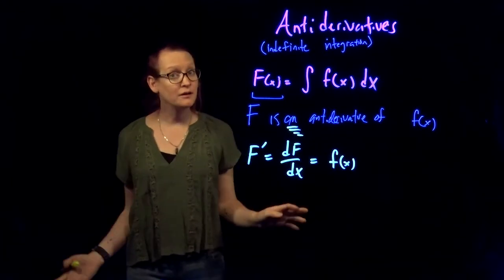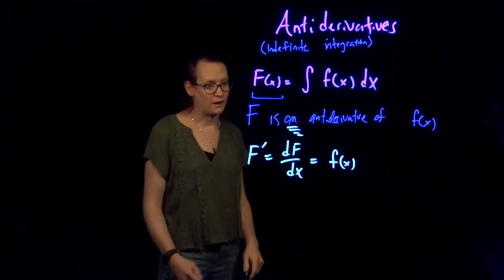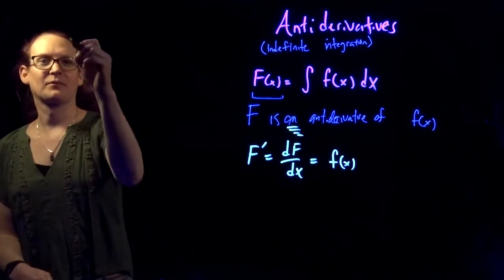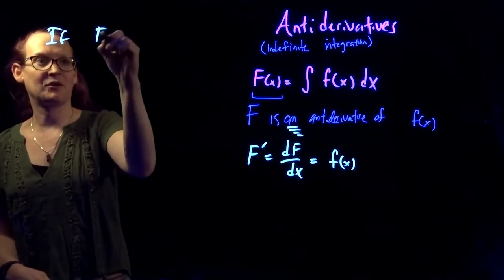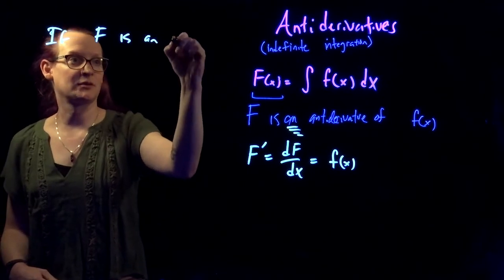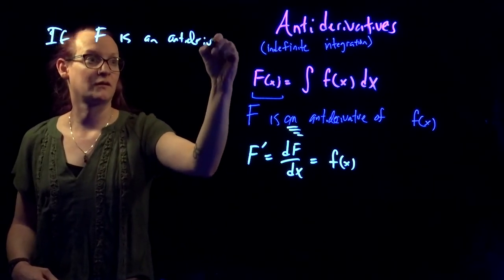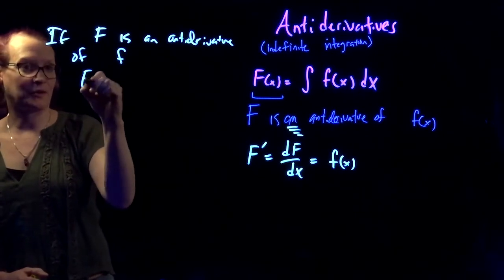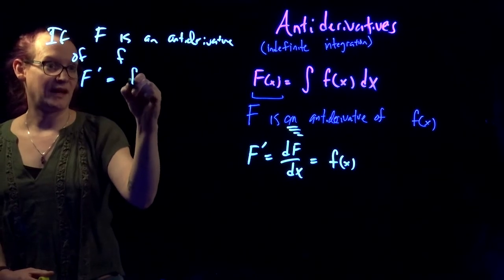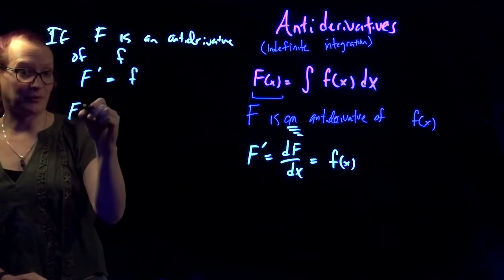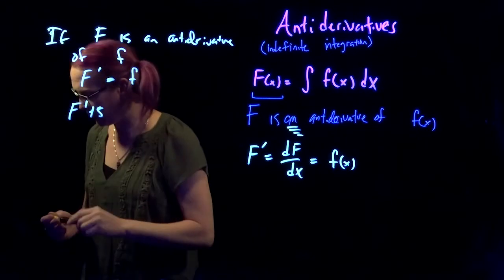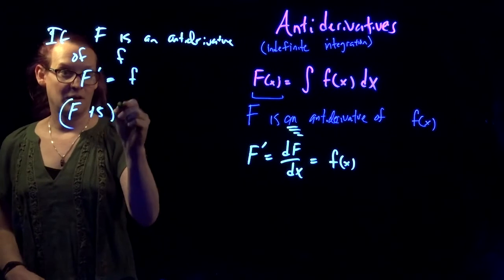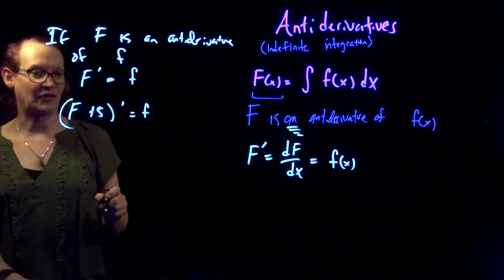So why antiderivative? Well, because if capital F is an antiderivative of lowercase f, then capital F prime is equal to f, but so is capital F plus 5 prime equals lowercase f.